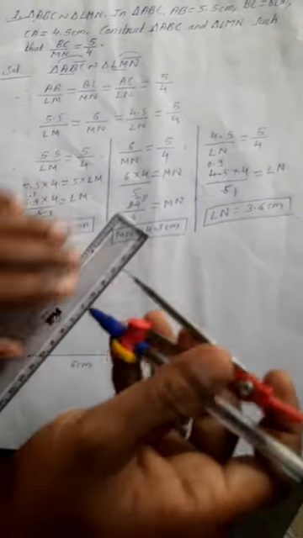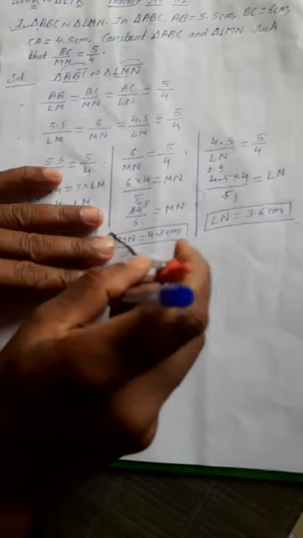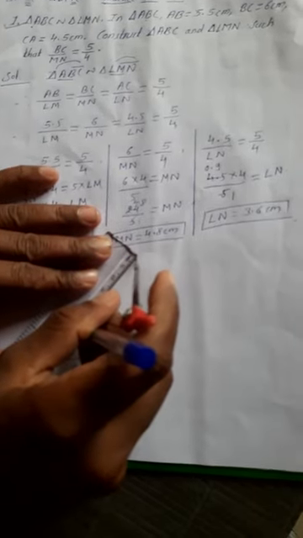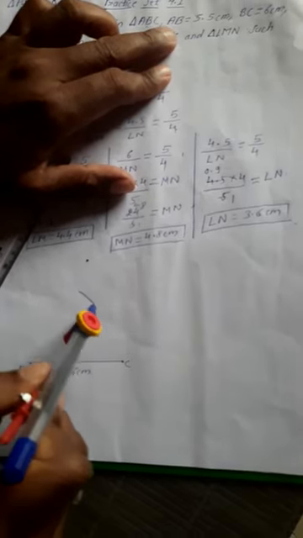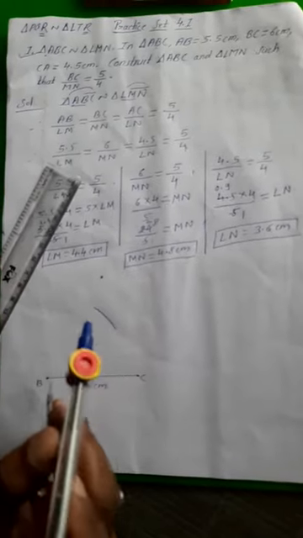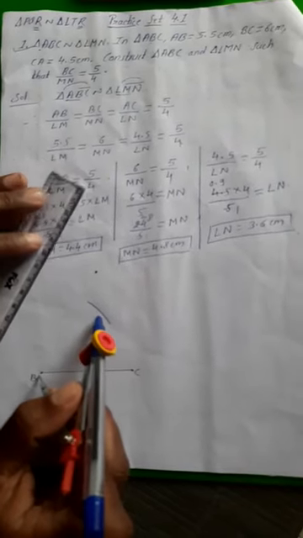Then the side AB is 5.5 centimeter. With the help of a scale I'll take a measure of 5.5 centimeter, keep the round point at B and draw an arc.